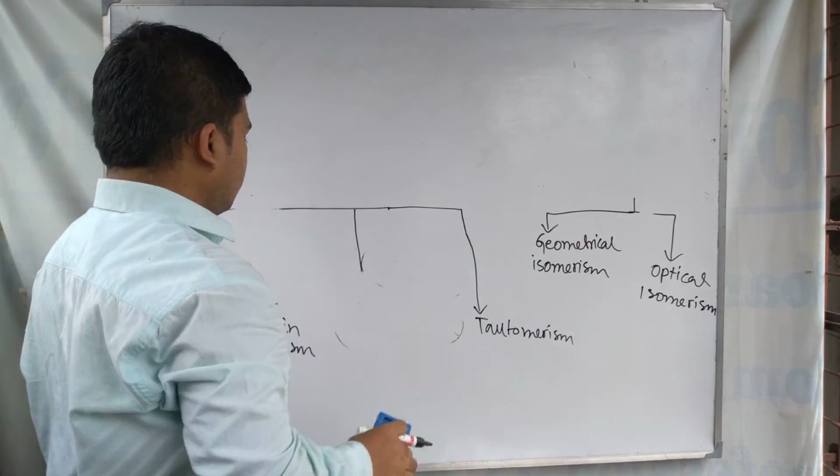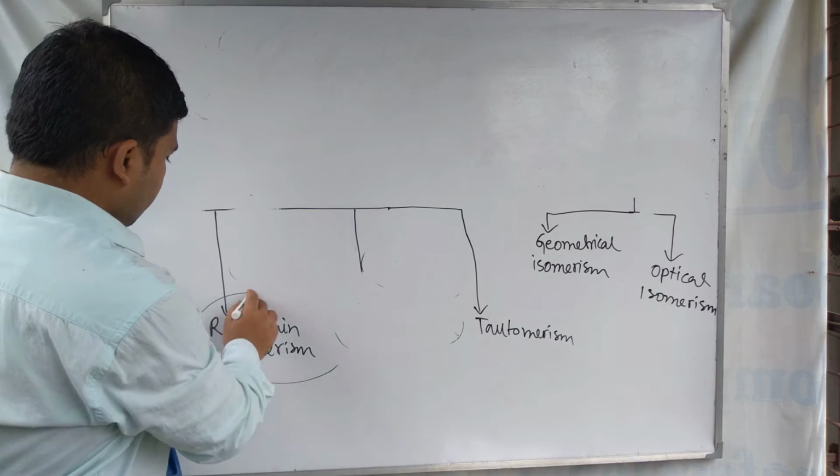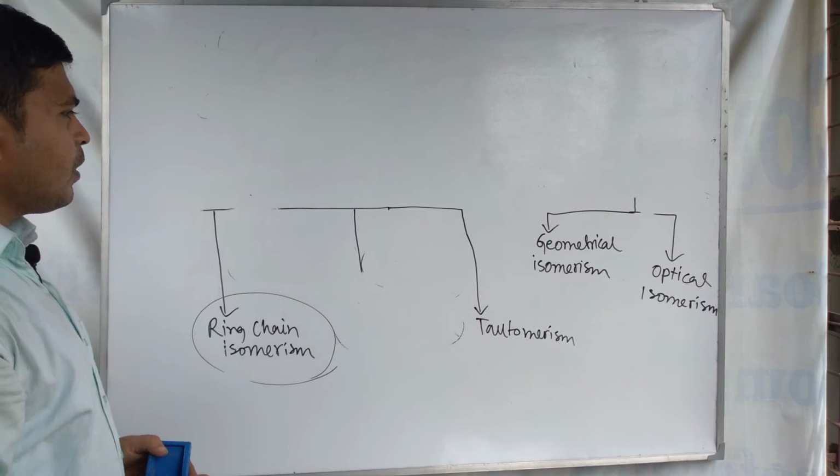The next type that we learn about is ring-chain isomerism, meaning ring and chain isomerism.